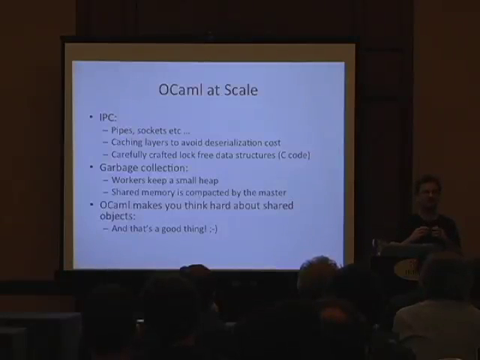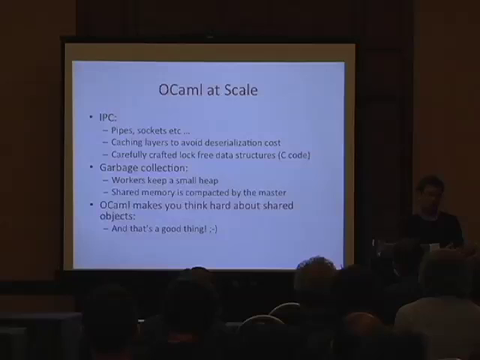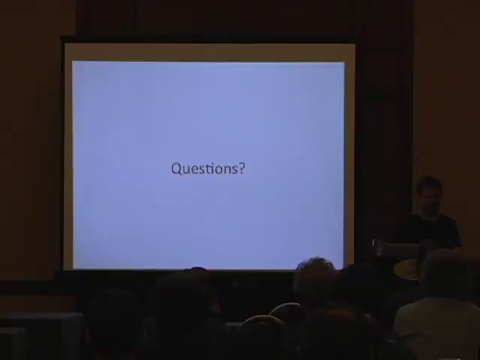So we try to keep the amount of data visible to the worker as small as possible, to keep a good latency. OCaml makes you think hard about the parts of your code that are going to share objects concurrently, and I tend to think that that's actually a good thing. You should think about these things very carefully. And voila, that's it. Any questions?